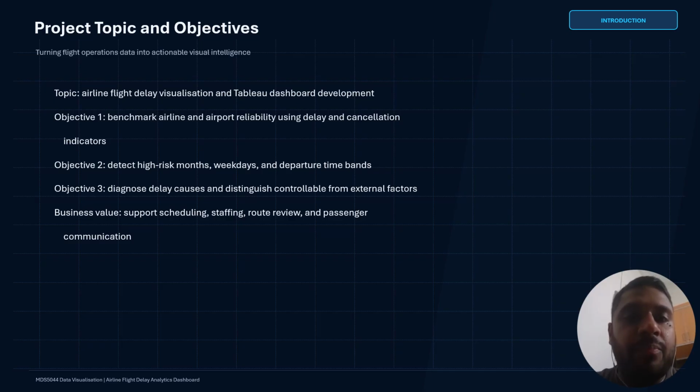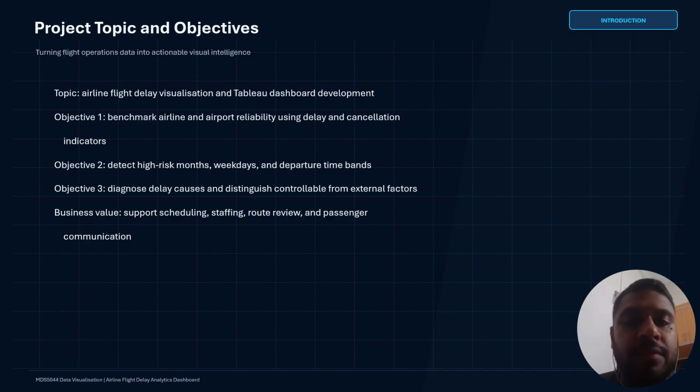The project topic is flight delay visualization. Delays matter because they affect passenger satisfaction, aircraft utilization, airport congestion, crew planning, and airline cost. The first objective is to benchmark the airline and airport reliability using indicators such as average departure delay, average arrival delay, cancellation rate, and delayed flight percentage.